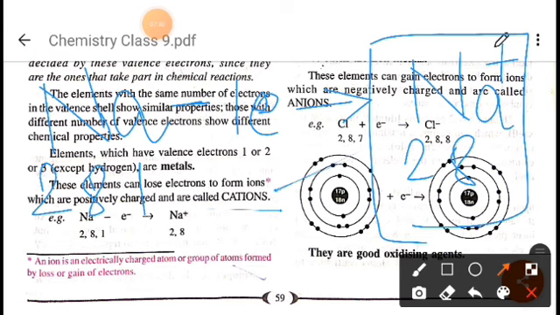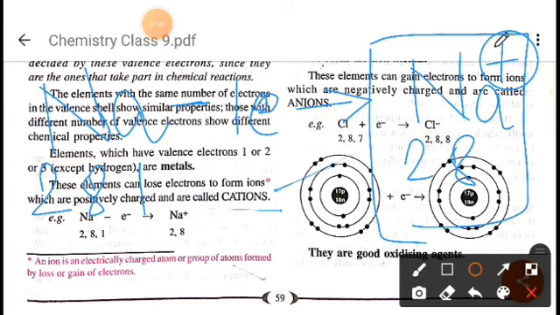These elements can lose electrons to form ions which are positively charged, as you can see, a positive charge here. These are called cations. If an atom releases an electron and converts into an ion, that ion we call a cation.